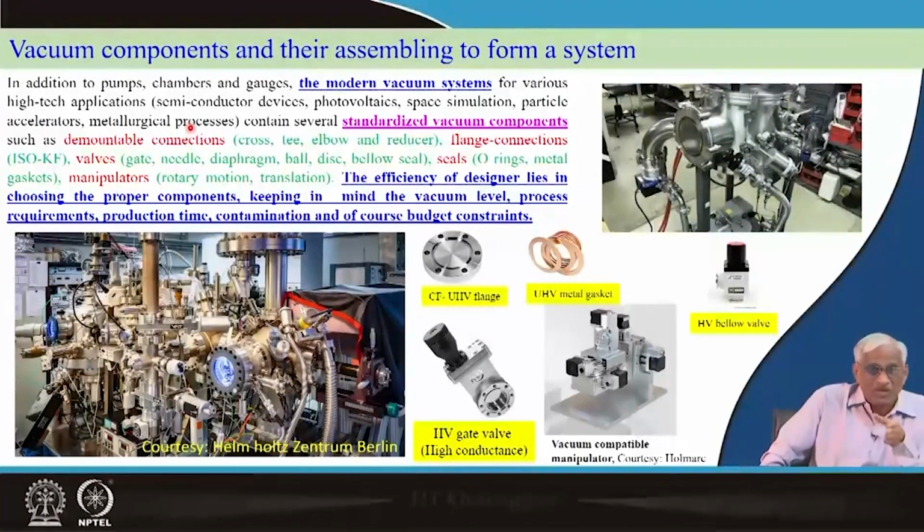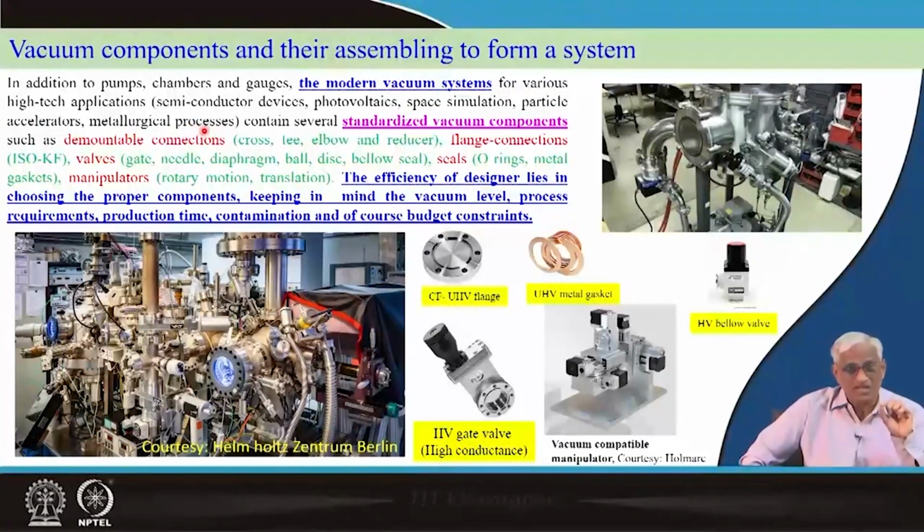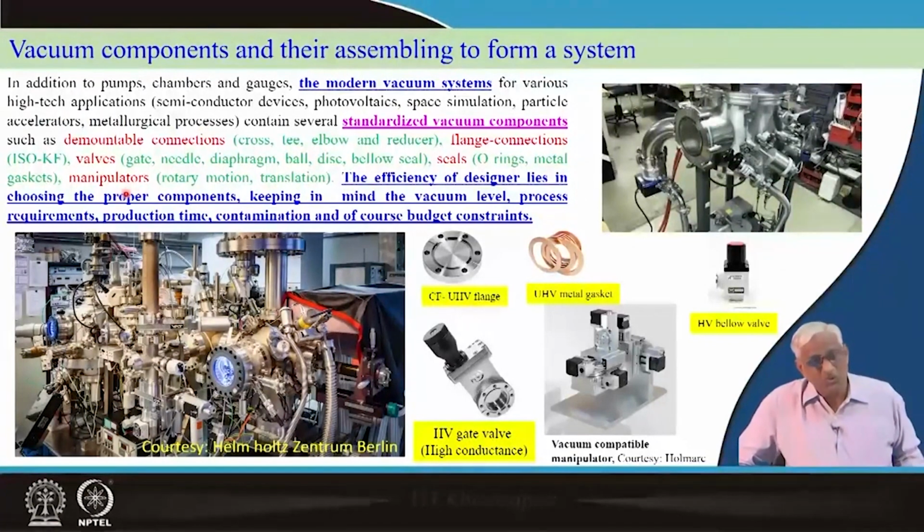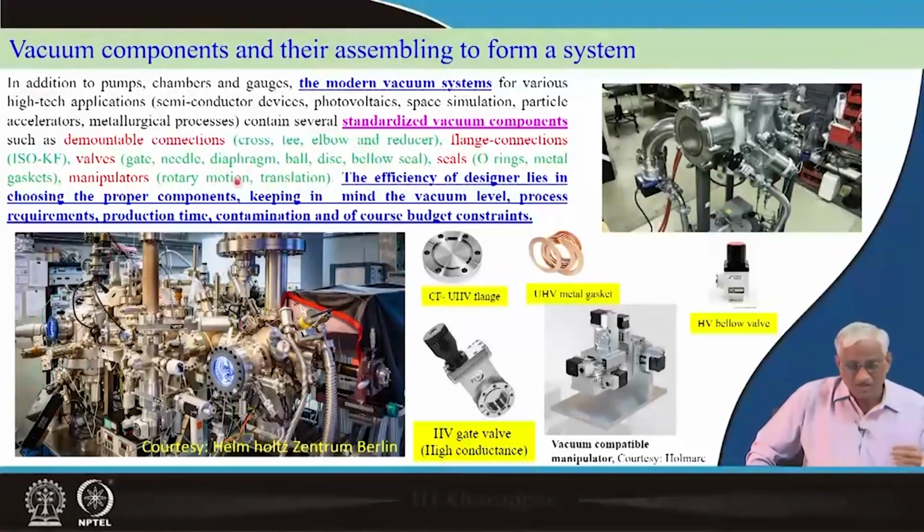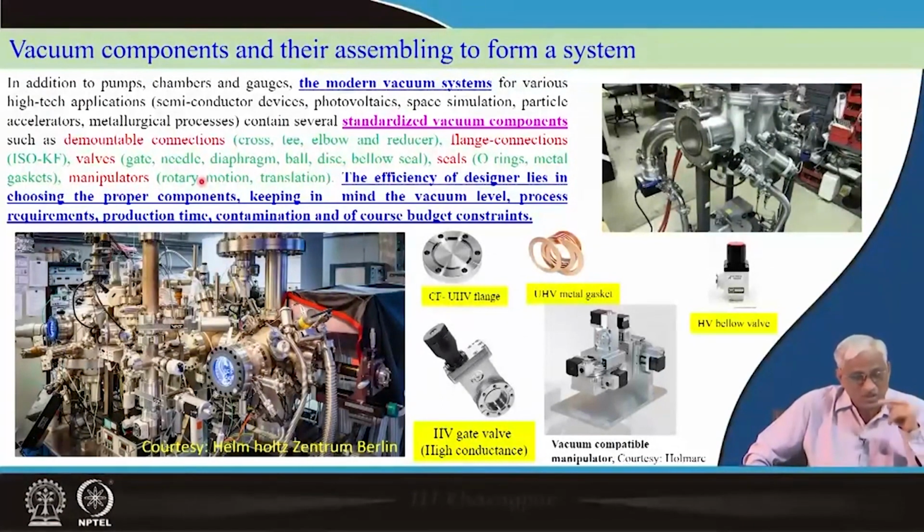Anyway, we are going to take a vacuum metallurgical furnace in the next class for making a system design approach from various aspects as a trial run. So, that is taken as a tutorial for you. And valves, whether you take a needle valve or ball valve, flange connections, you have to take.